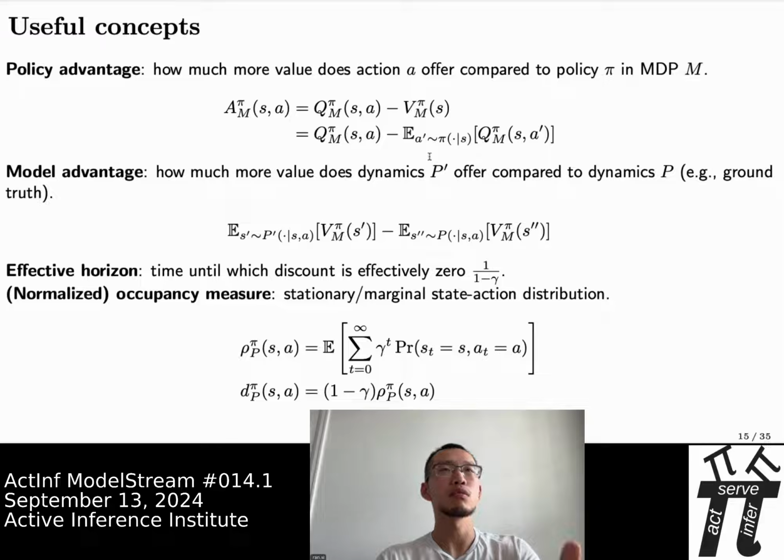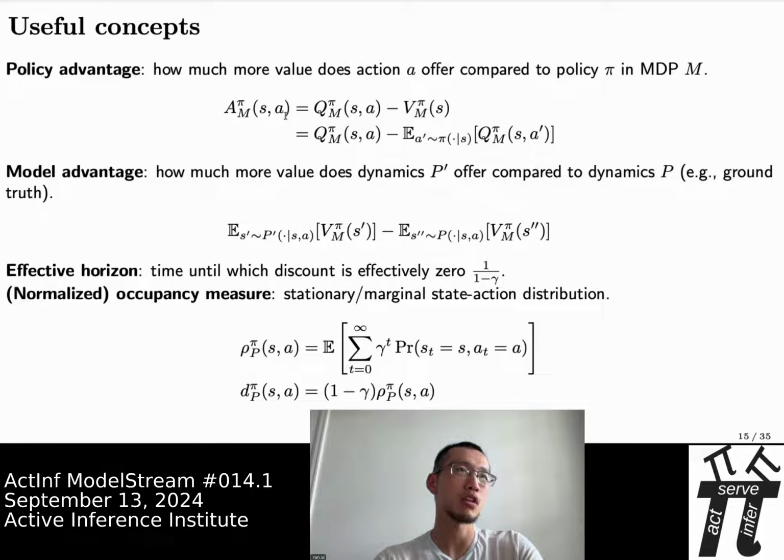The reason this can be understood as an error measure is that if the action A is more or less the same as the action drawn from the policy pi, then the advantage function will be 0. So there would be no difference between them.